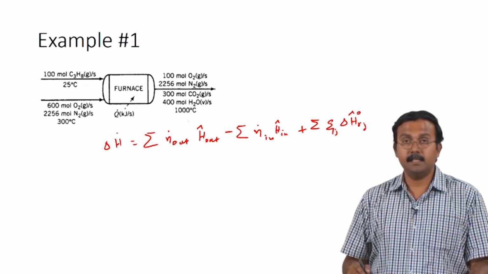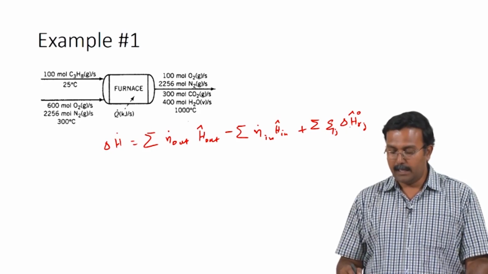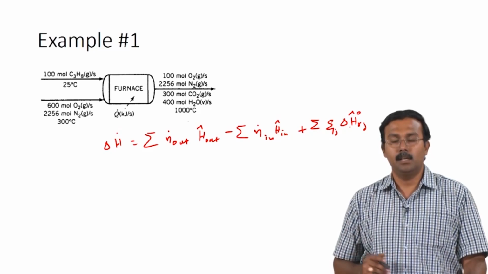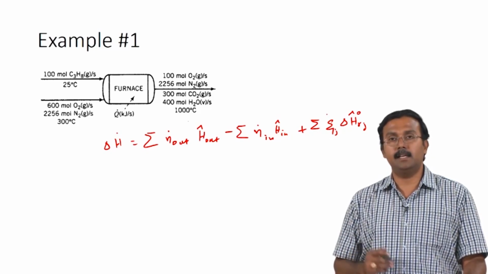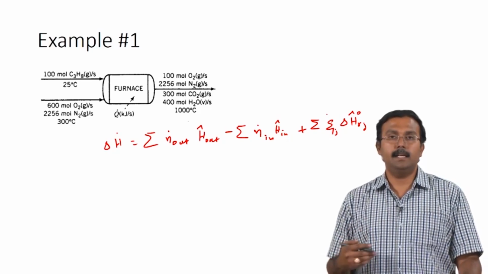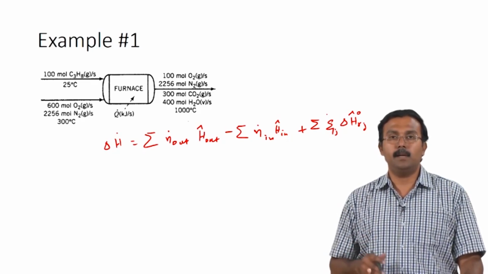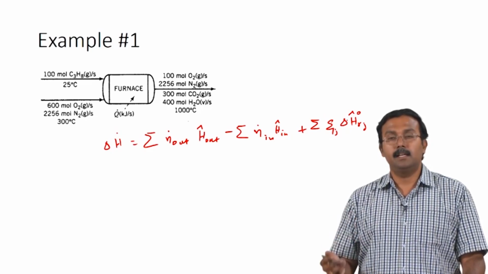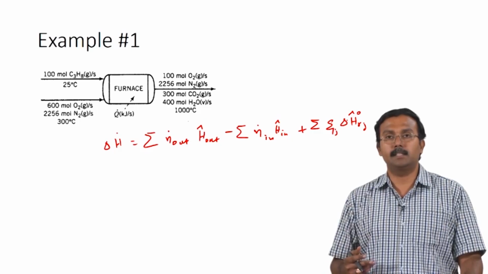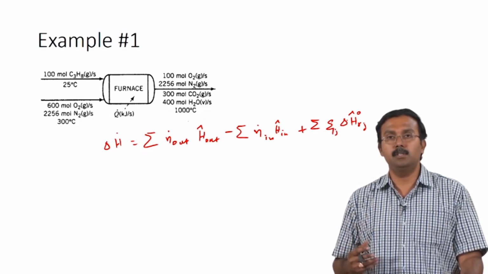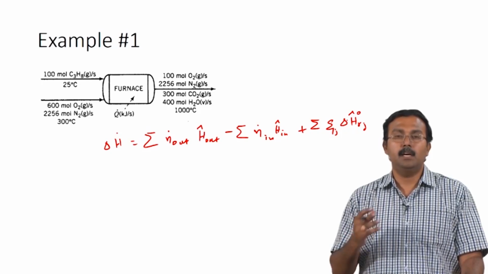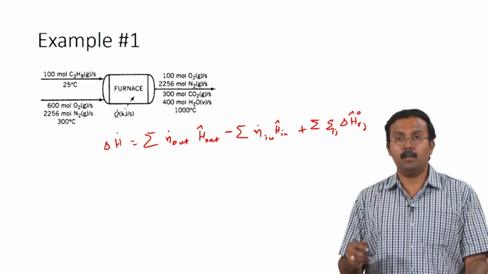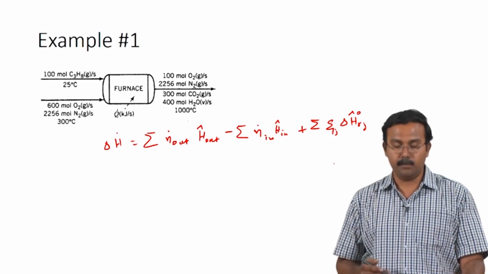Here xi stands for the extent of reaction and delta H r is the heat of reaction for that particular reaction. Once we have the extents of reaction and the heats of reaction for the different equations, we can multiply the two to get the enthalpy change associated with that reaction. The summation of all these values gives the total change in enthalpy associated with the reactions. For this, we need to know the extent of reaction.